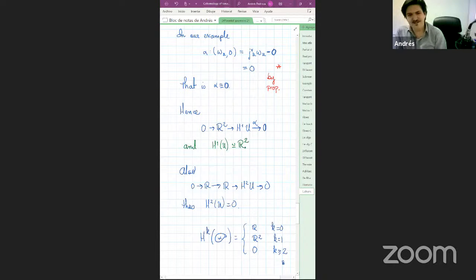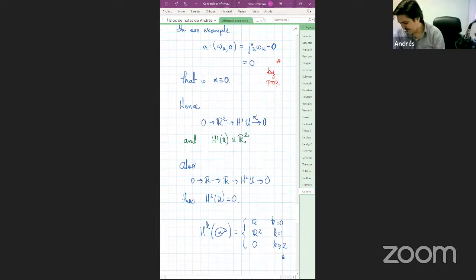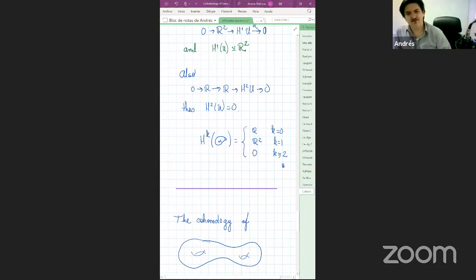Now we will go into the last problem of the class. We will end the course on this example. We're going to compute the cohomology of the surface of genus 2. In the same way that we will compute this, you can compute the cohomology of the surface of arbitrary genus.